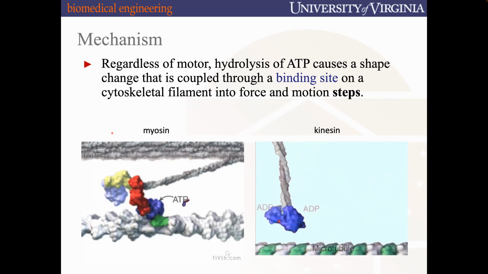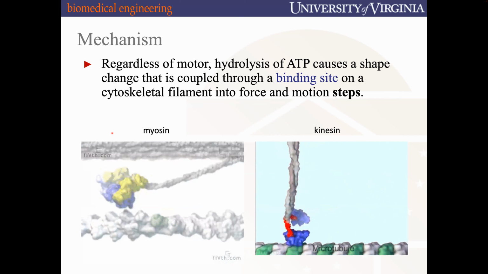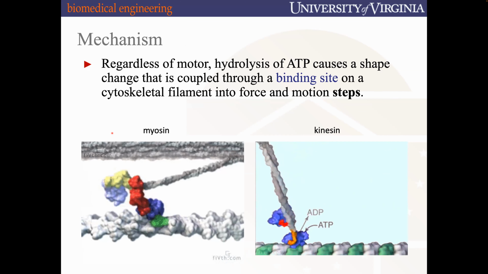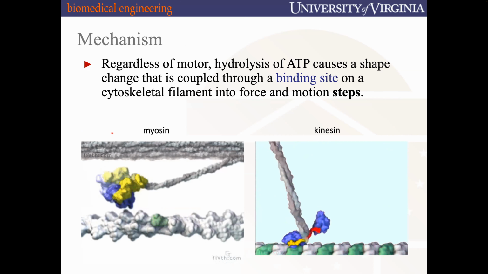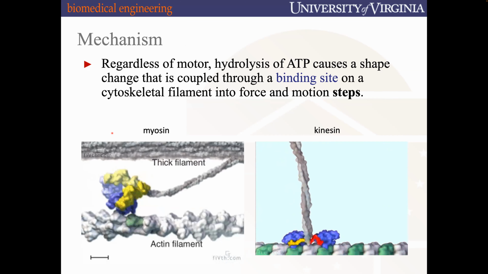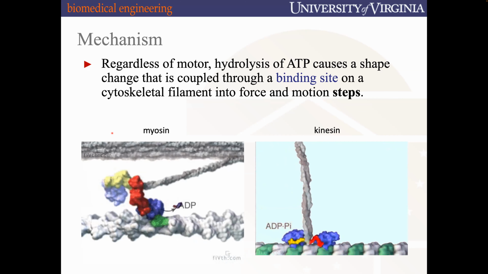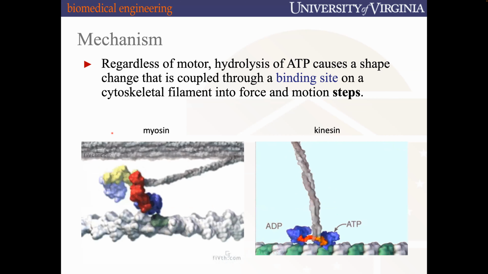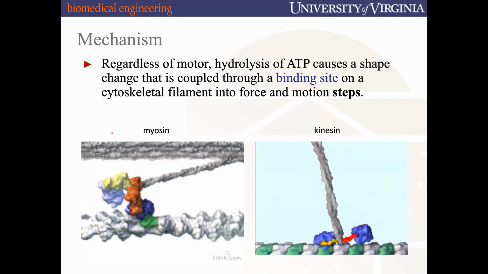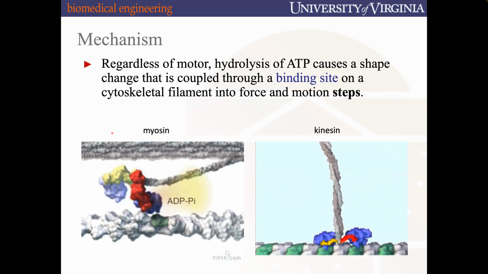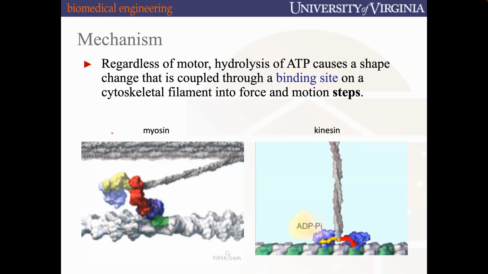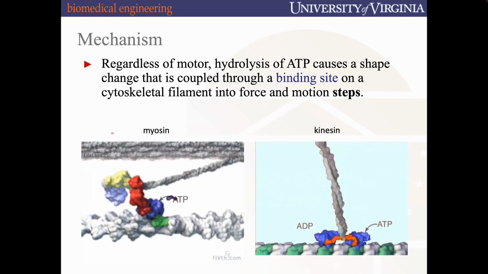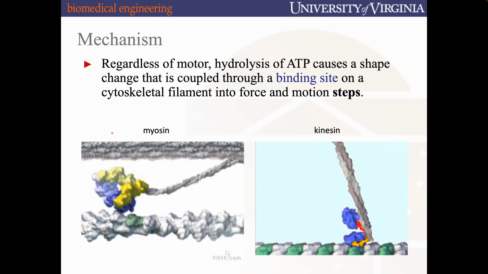All right, so the general mechanism for how these motors work is that they are binding some energy source. ATP is often this energy source, like I said. Then the enzymatic activity of these molecular motors will cleave one of the phosphate groups from ATP to ADP, and this drives a conformational change in the protein that then allows another binding step onto the filament and moves this process forward.